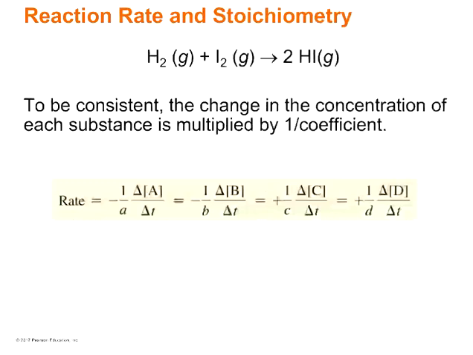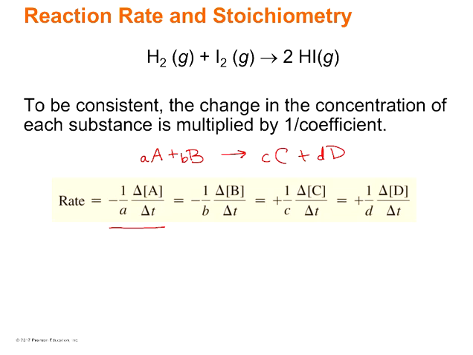So for a generic reaction where A plus B becomes C plus D, we also have coefficients. So I'll write those in lowercase letters. And if we were to define the rate of a reaction based on just reactant A, we would write negative 1 over the coefficient of A times the change in concentration of A over the change in time.